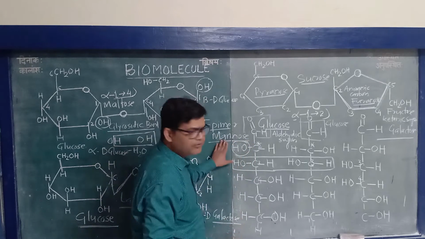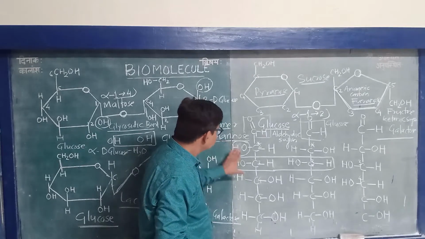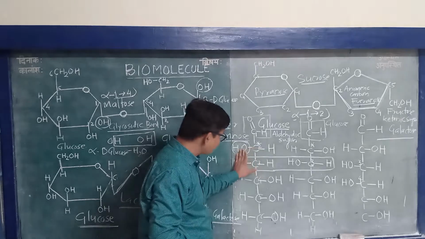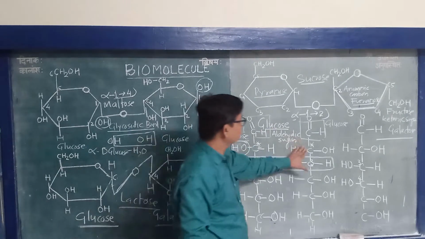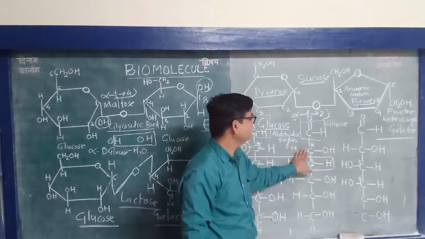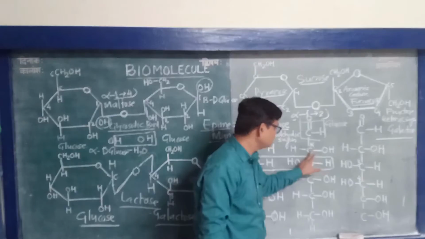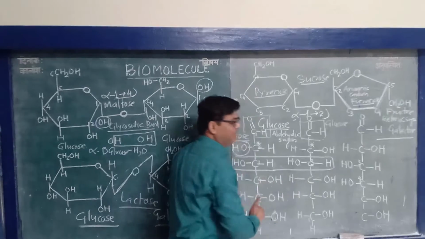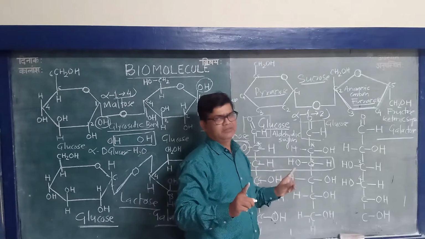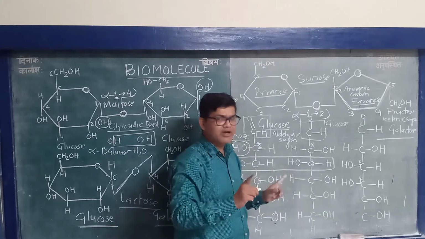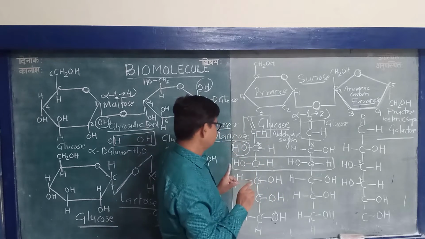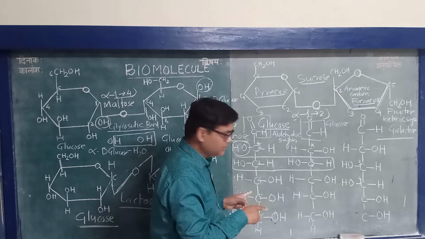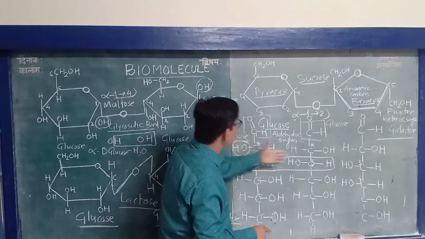In case of mannose, the hydroxy group at carbon number 2 is present on the left side. In case of glucose, the hydroxy group is present on the right side. So we can say these two are epimers. If two chemical structures, that is monosaccharides, differ at only one carbon due to the position of the hydroxy group, then we can say they are epimers.